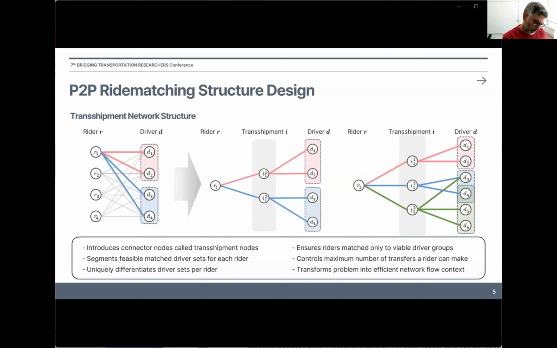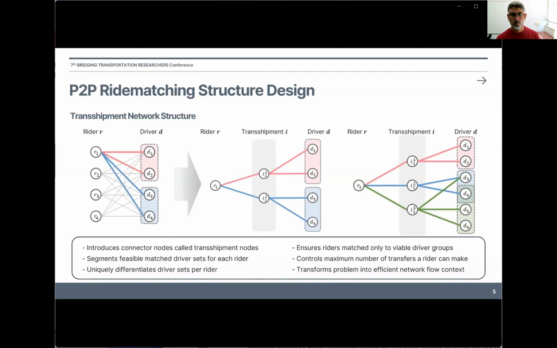In our paper, we give a concrete illustration, such as rider 1 has two feasible driver groups to get to the destination: set number 1, which includes driver 1 and 2, and set number 2, which includes driver 3 and 4. Let us assume that the best option is set number 1 with driver 1 and 2 together, but a naive approach might assign rider 1 to just driver 1 or to driver 1 and driver 3, which is infeasible because no single driver in those incorrect pairings can cover the whole trip.